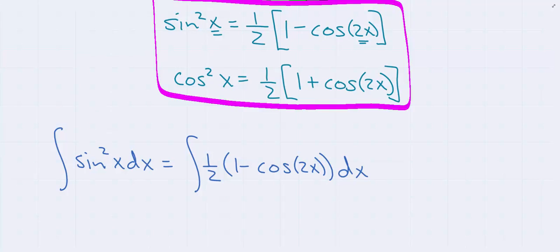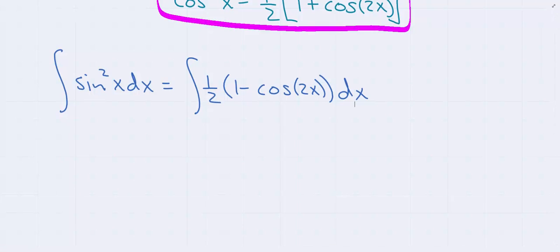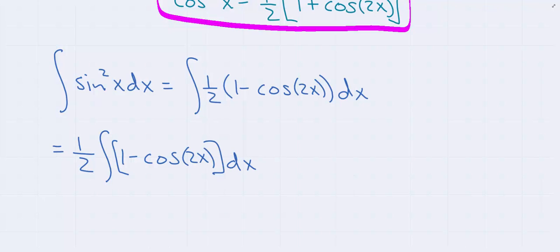Now, immediately we have something that we can deal with because everything's to the first power, and that helps us in our integration. So I'm going to factor out the 1/2. I'll just do this a step at a time, and we get this. Now, I can integrate each part of this. The integral of 1 is just x. The antiderivative of cosine is sine.